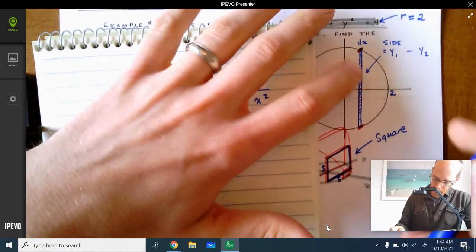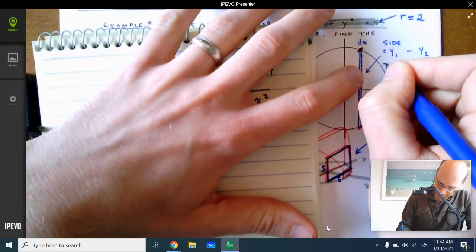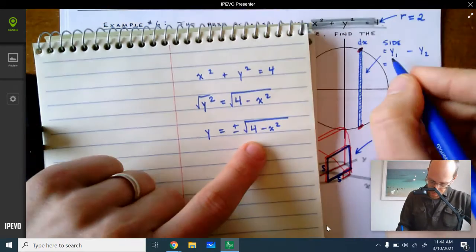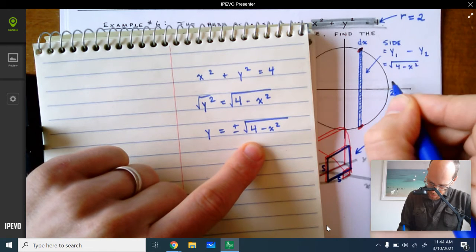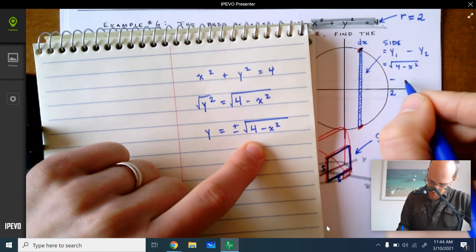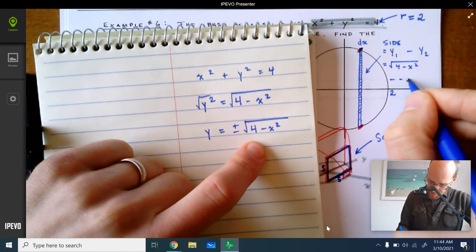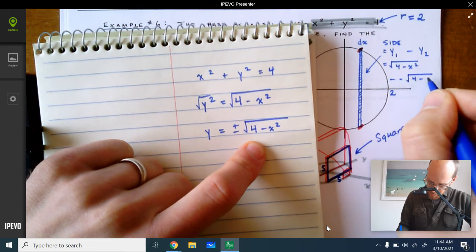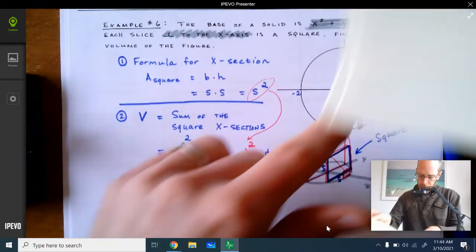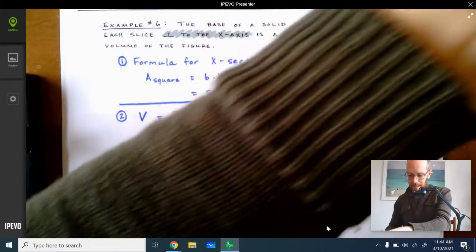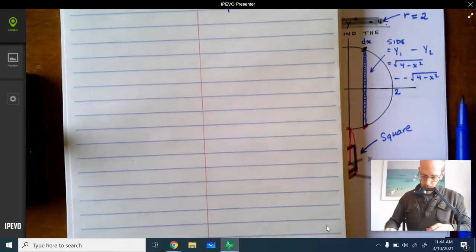What that means is that our side length is going to end up being y1, the square root of 4 minus x squared, minus y2, negative square root of 4 minus x squared. Okay, so that's what I'm going to plug in. A little more algebra for you.